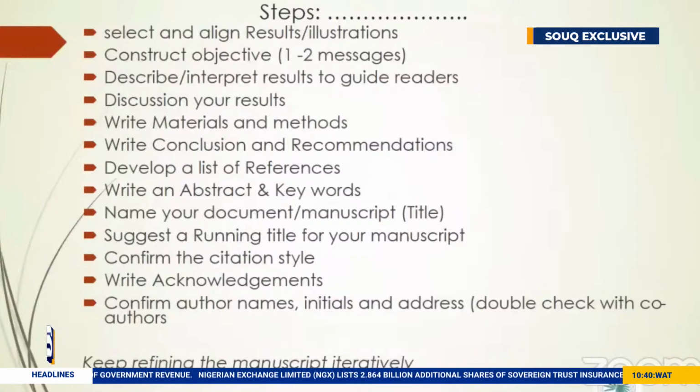The key point that we raised is that unlike theses and reports and other publications that could be scholarly, for manuscripts, we take one objective at a time. A manuscript has one key message, and that one key message stems from an objective.